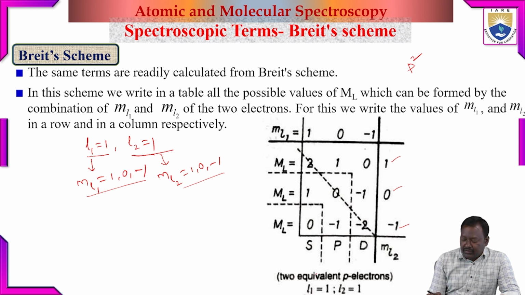Now we need to add. These are the ML1 values for one electron and these are the ML values for the second electron.